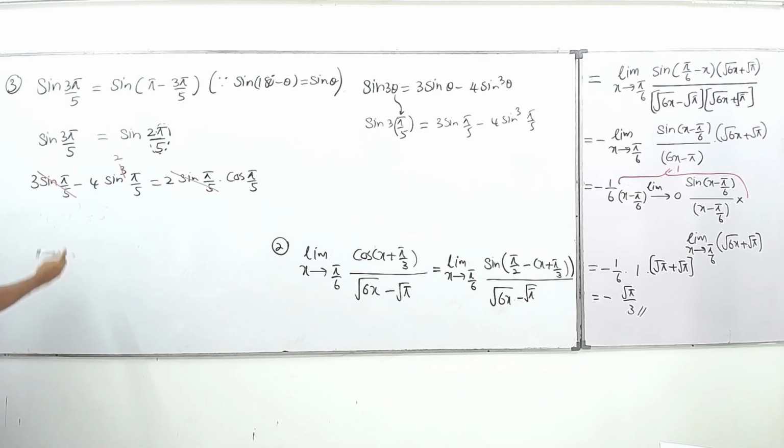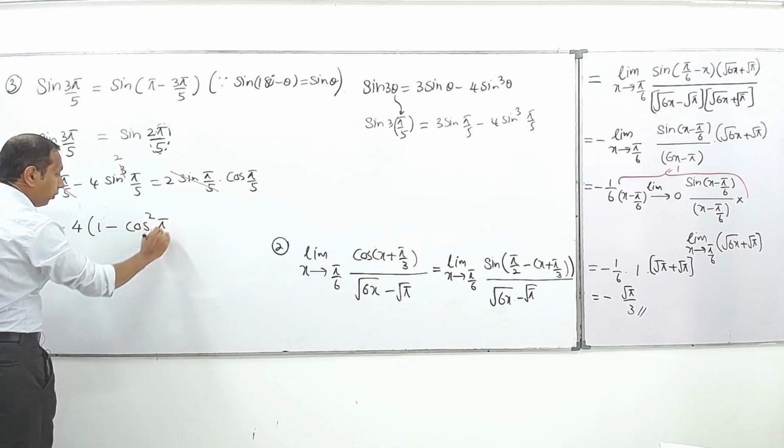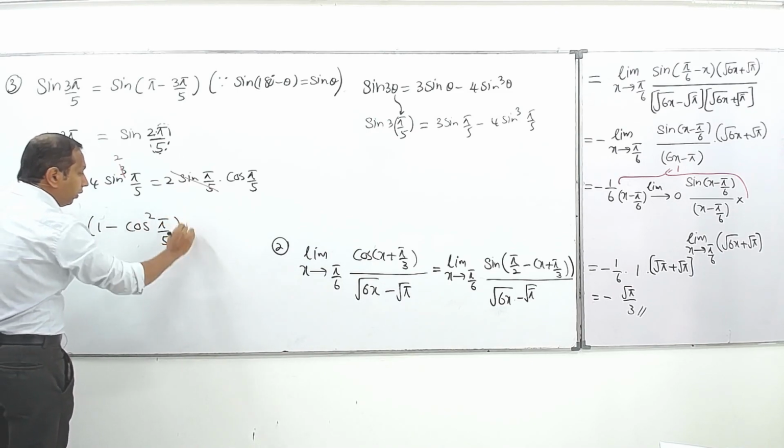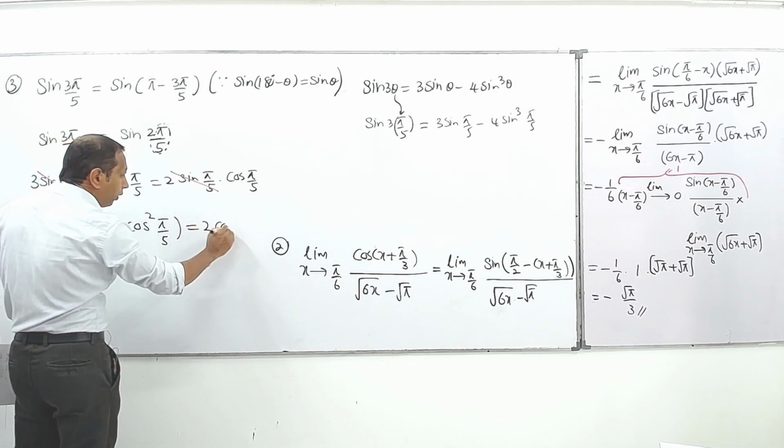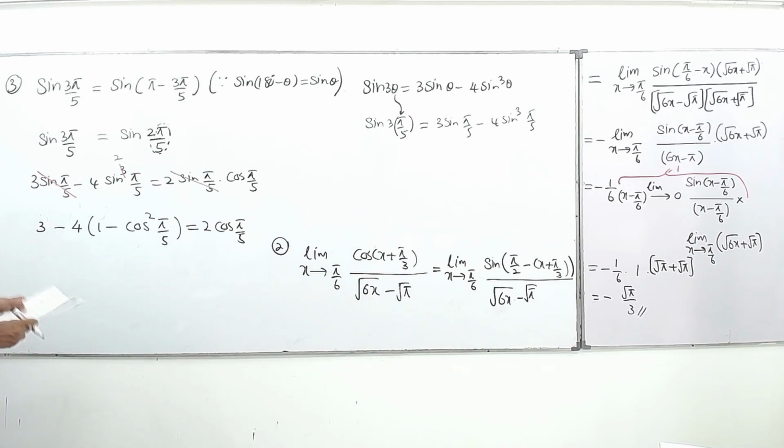Now, here we get 3 minus 4 sine squared pi by 5. I can write as 1 minus cos squared pi by 5. And here 2 cos pi by 5. Right. Now, remove the bracket here. Minus plus 4 cos squared pi by 5.